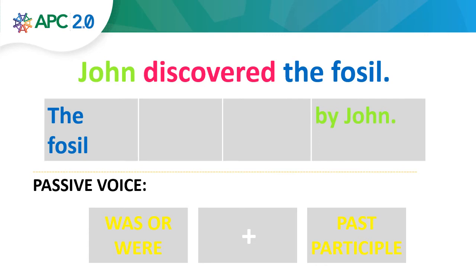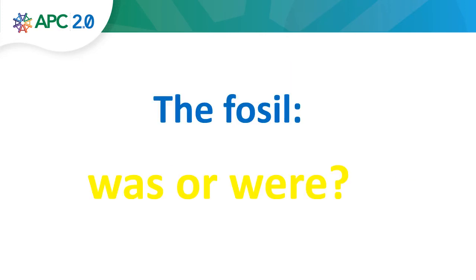This is the pattern that we need to use in the passive voice. When we work in the simple past, was or were plus the past participle. For the fossil, what do we use?